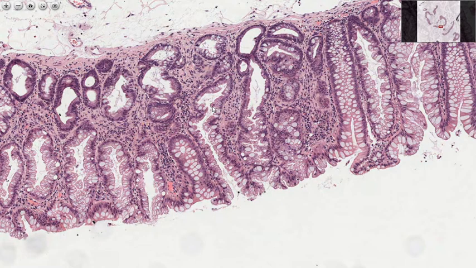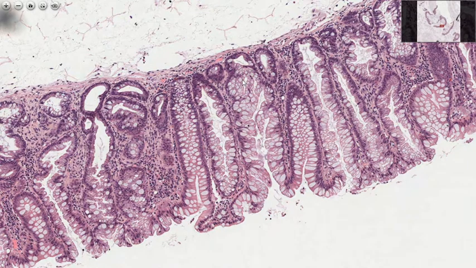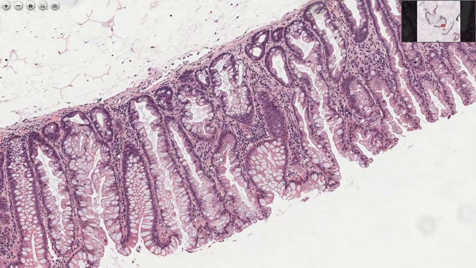So this is serration of the crypts, and the basal portion of the crypt is also included in this kind of serration. So this is also serration.